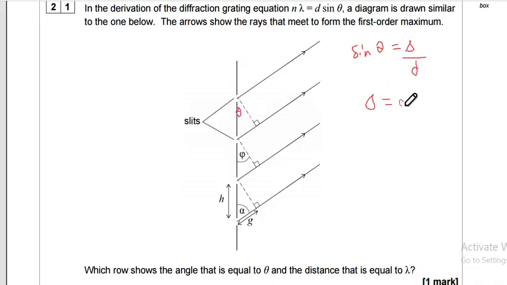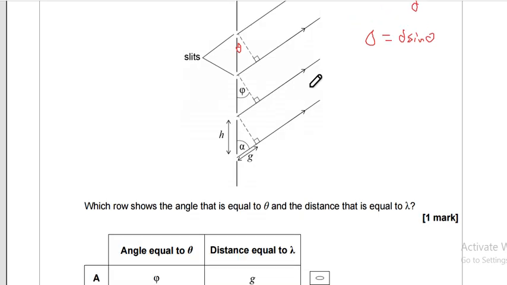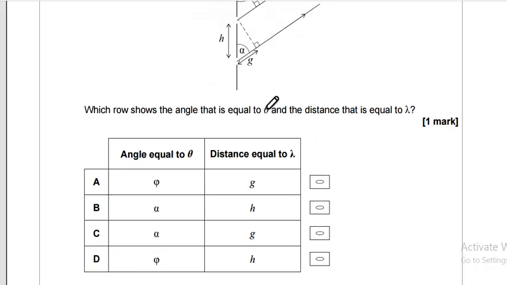So path difference equals d sine theta, and for the condition of constructive interference, delta should equal n lambda, destructive should equal n plus half lambda, and for analogy here, we need angle theta to be phi, and we will choose between distance equal to lambda either to be g or to be h.